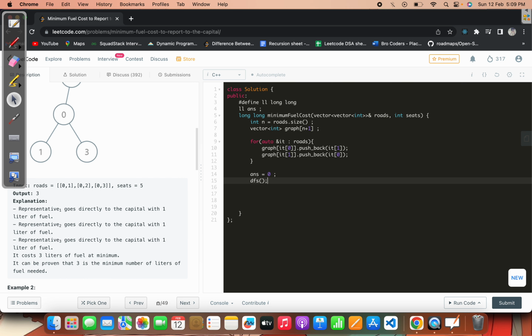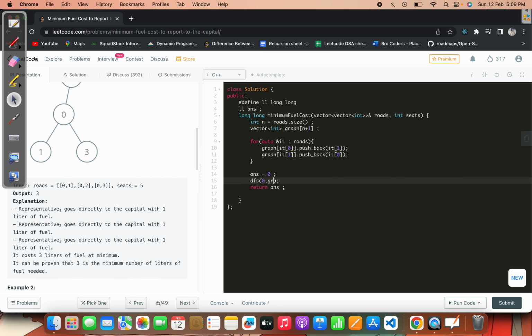Okay, so let's call our DFS here. Our DFS will be returning the number of the persons up to this point and beneath it. And all of them will be visiting the 0th node, the capital city. So this will store information of source node which is 0.